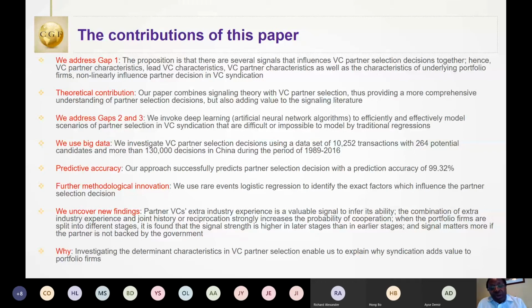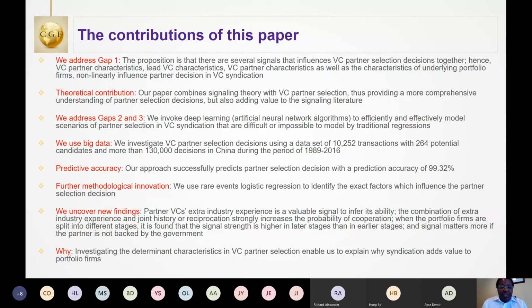In terms of the theoretical contribution, we bring together two strands of literature: the literature on signaling theory, which I have just reviewed, and the literature on VC partner selection. And we use both literatures to bring together the framework that we investigate in this paper.